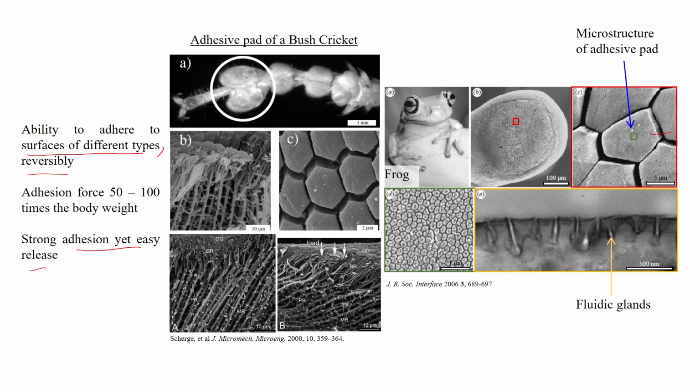So, in nature there are a variety of physical mechanisms used for enhancing adhesion, and these are all physical mechanisms, not chemical, because the chemistry remains the same. It is just that the surface of the adhesive is patterned or structured, and the structures below the adhesive pads also have patterns.